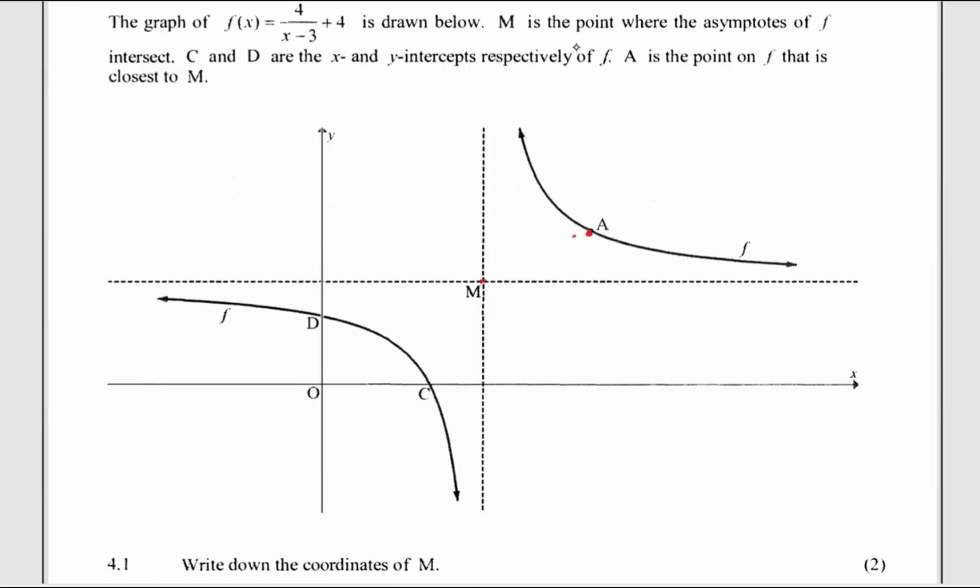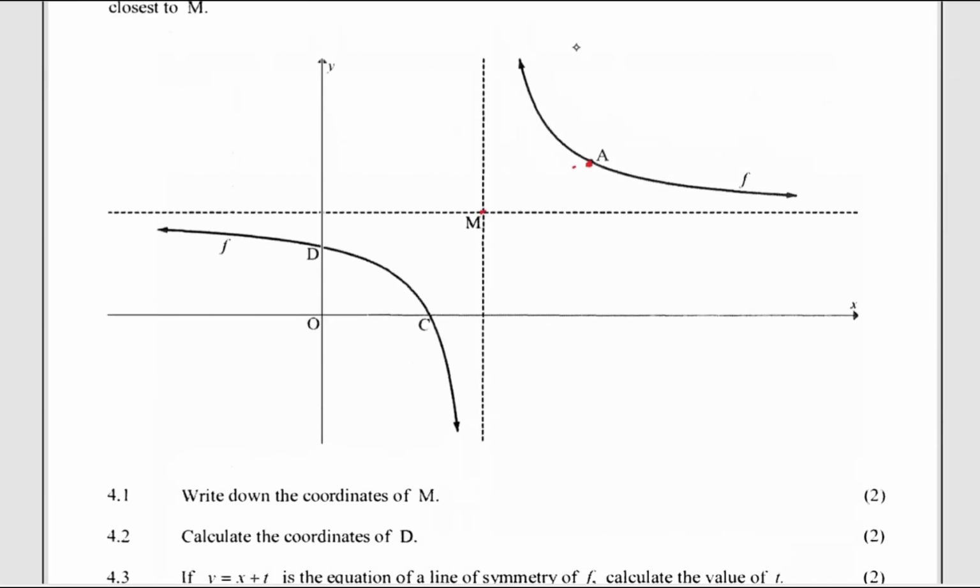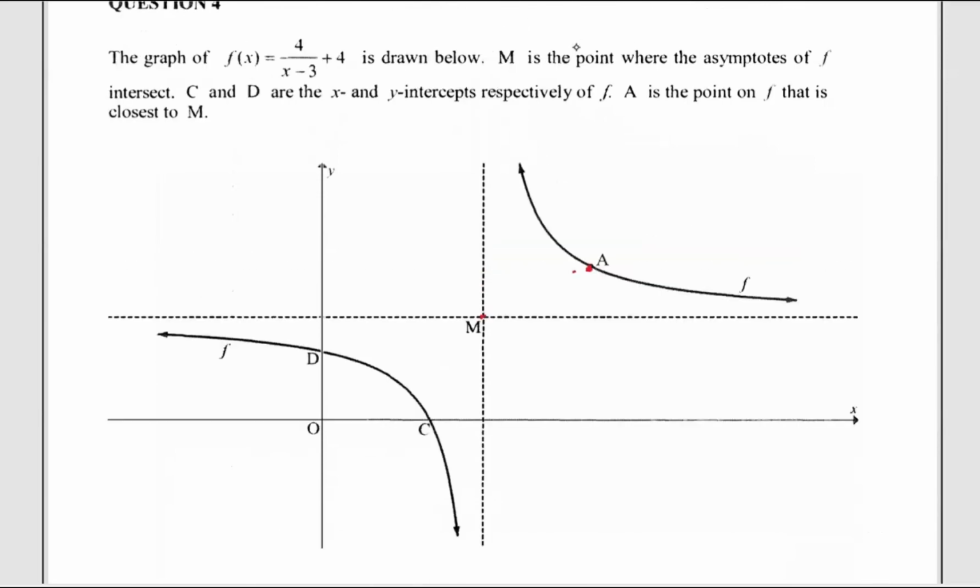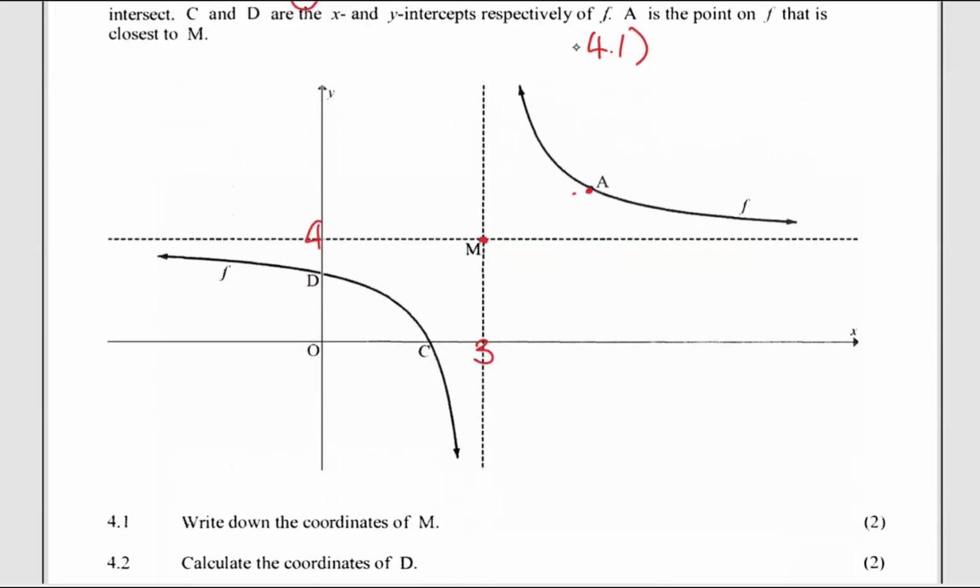So the closest point must always be passing through the axis of symmetry. Okay, so this question is not asking for the equations of the asymptotes as they always do, but they just want us to get the coordinates here. So from here, this is going to be a 3, and then that is a 4, which means that M is going to be 3, and then 4.